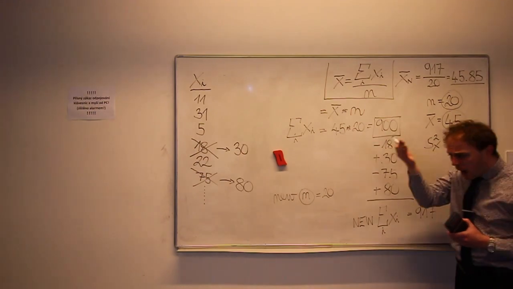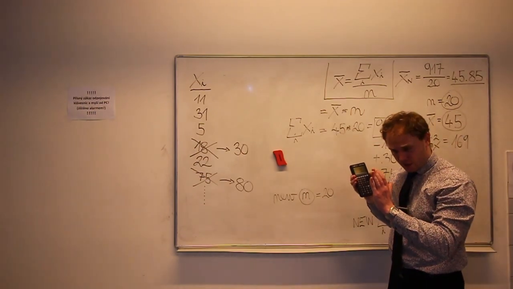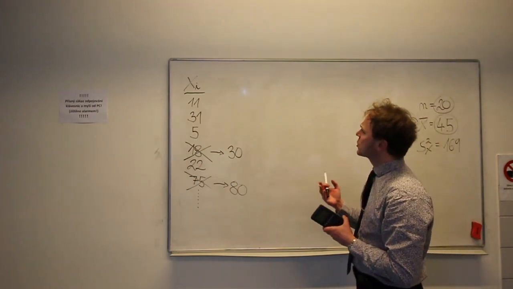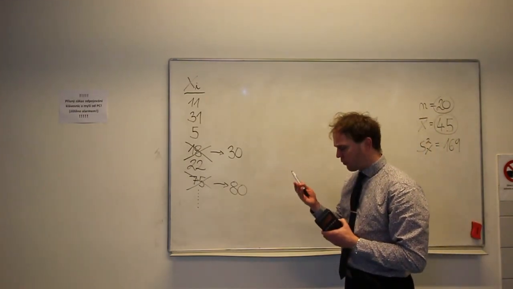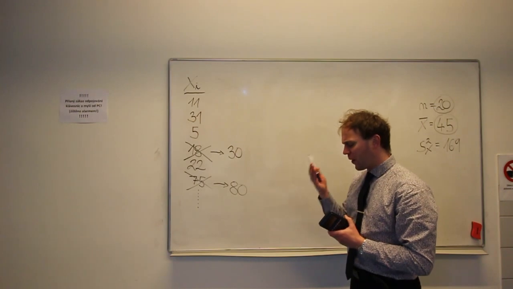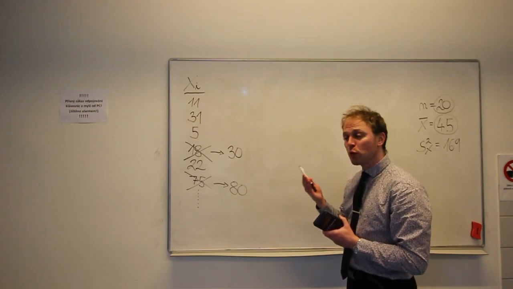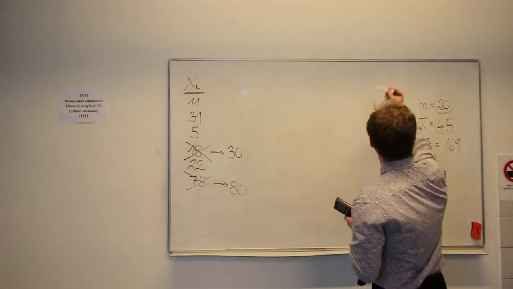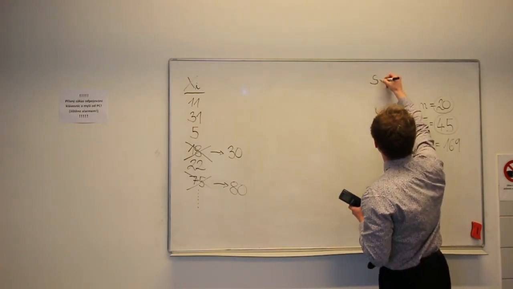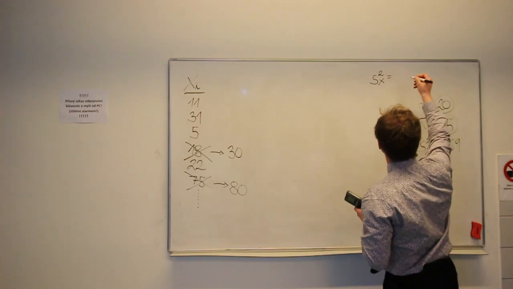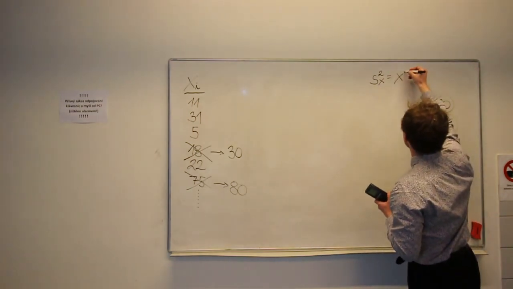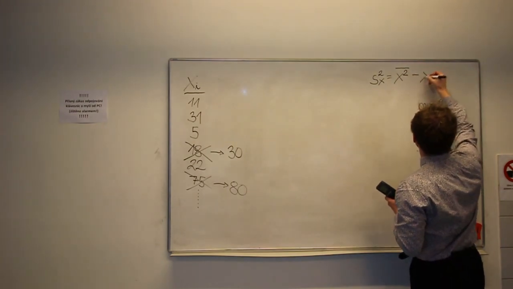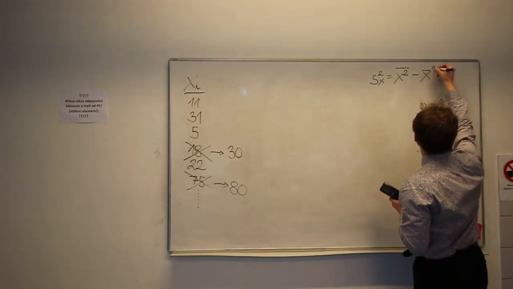Yes? So this is the reason why this mean is a little bit higher. And now the variance. It's necessary to check your formulas and find here the computational formula for the variance. Yes? Computational formula: s x squared is x squared with stripe minus x with stripe squared.